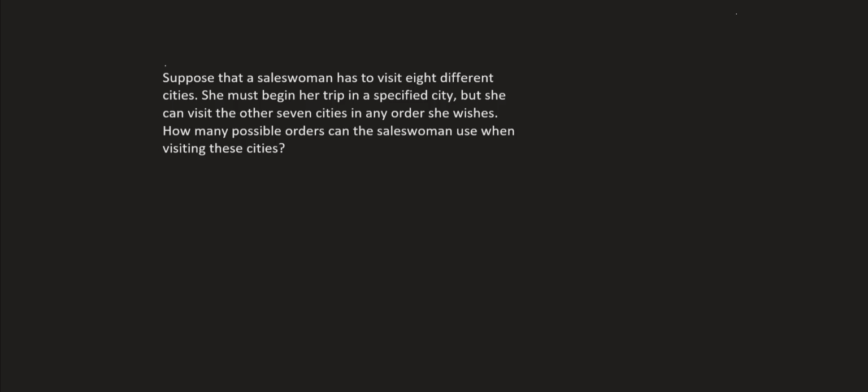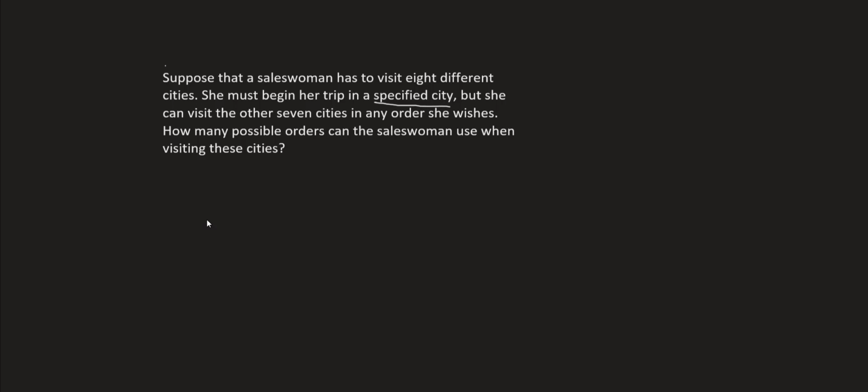How many possible orders can the saleswoman use when visiting these cities? So, in this case, she must begin her trip in a specified city. So this one will be fixed. You cannot change anything about it.